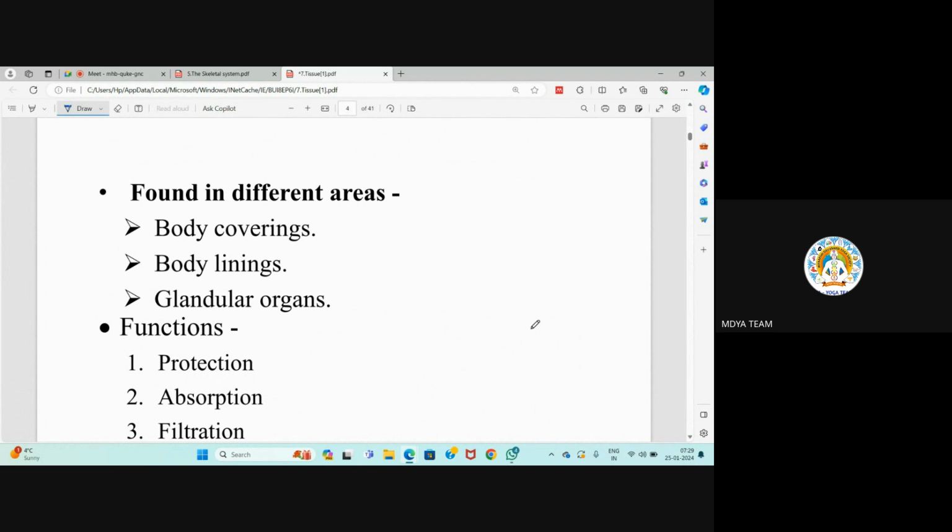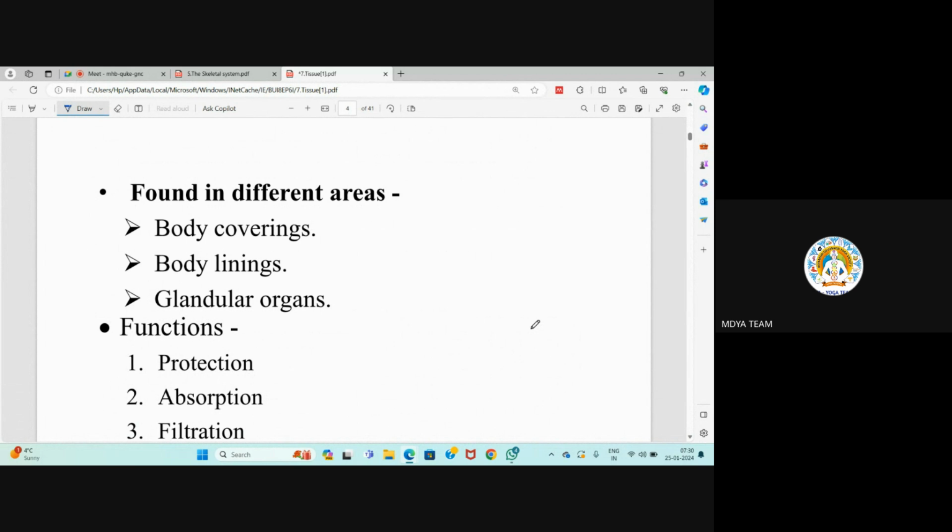Glands are mainly those organs which produce chemicals, enzymes or hormones. Glands have the quality of secreting hormones or enzymes.